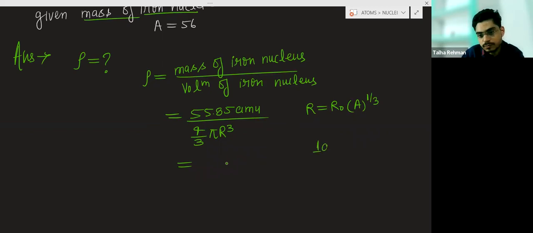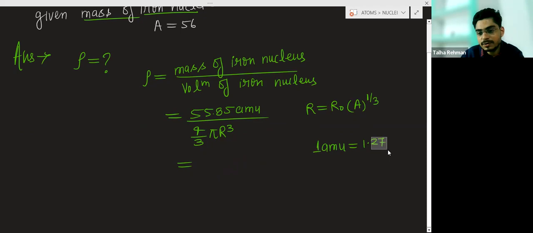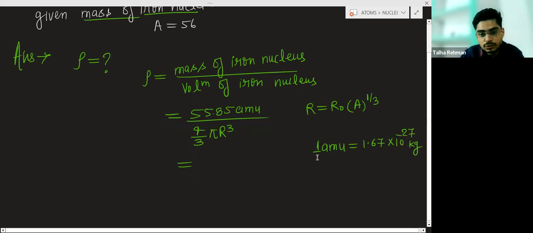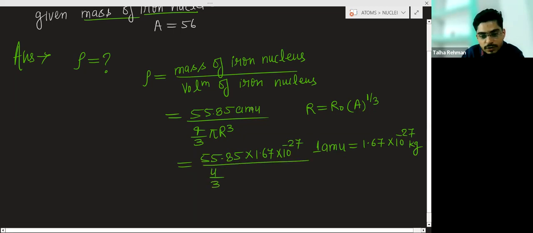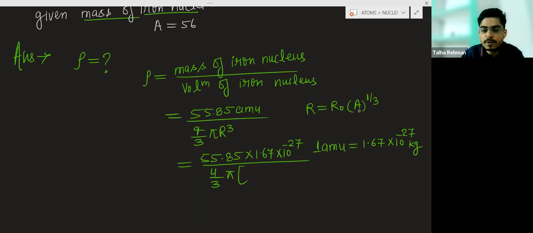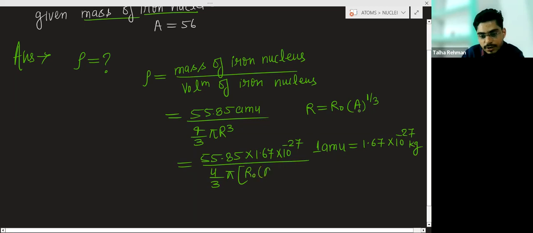In 1 AMU there is 1.67 into 10 to the power minus 27 kg. So this much AMU will be 55.85 into 1.67 into 10 to the power minus 27 kg, and this is divided by 4/3 pi, r equal to r naught into A to the power 1/3, and this whole power will be 3.